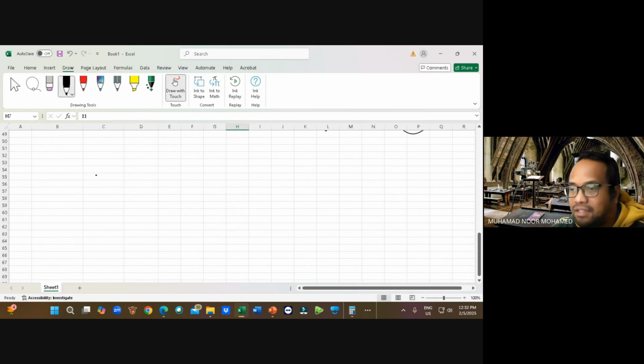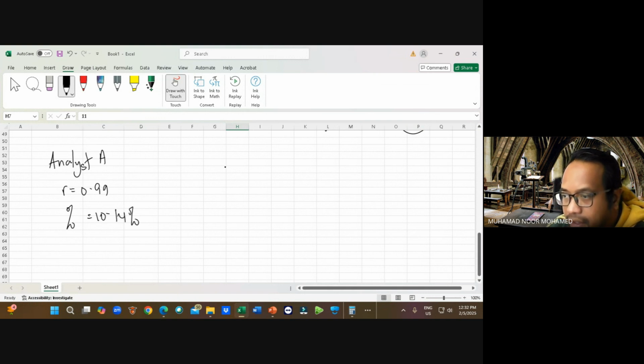Let's say we have two analysts. Analyst A with R equals 0.99 and error equals 10.14%, and analyst B with R equals 0.98, but the percentage of error is, let's say, 5.6%.